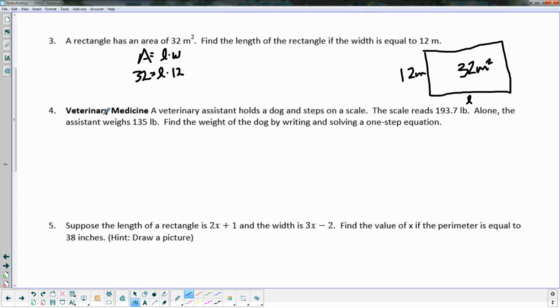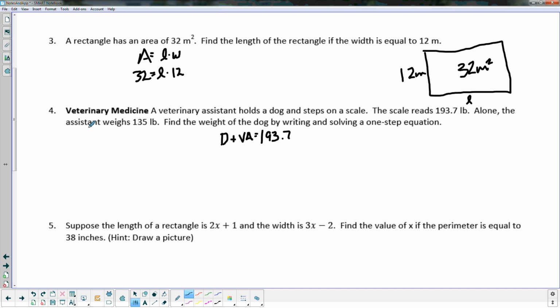The next one, veterinary medicine. A veterinary assistant holds a dog and steps on a scale. This is done a lot of times when the dog will not willingly sit on the scale long enough for you to get a weight measurement. The scale reads 193.7, so that's with the dog and veterinary assistant, just to give ourselves some notes here. 193.7.